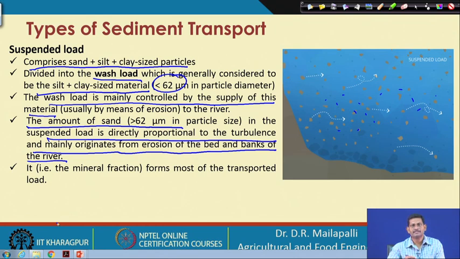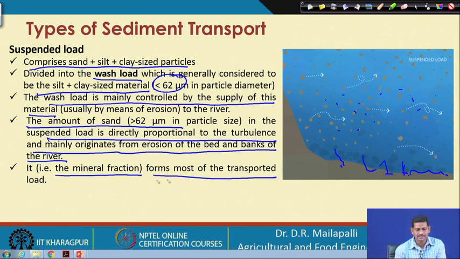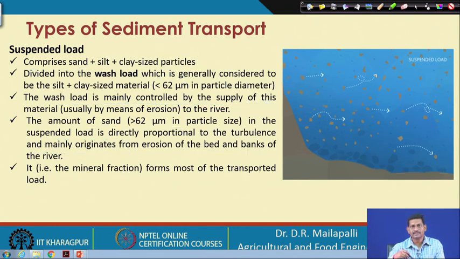So, that means more than 62 microns will be depositing here as the coarser particles and staying in the bed of the river. The mineral fraction forms most of the transported load. So the mineral fraction of suspended load will be mostly transported from one place to another place.